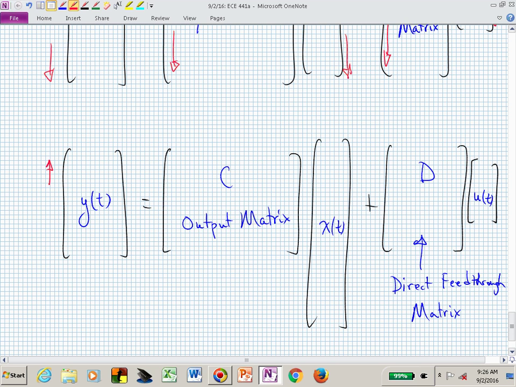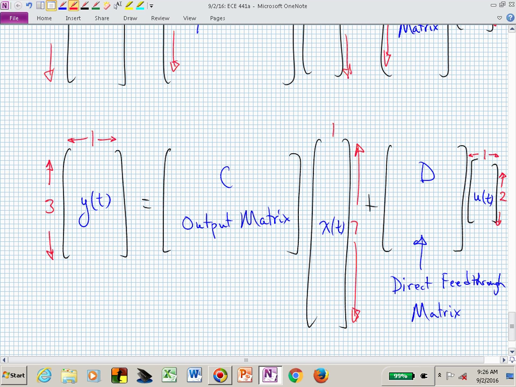The output vector y, not why. Hopefully it's clear why those matrices are fixed, C and D. The output vector y is 3 tall and 1 wide. x again is 7 tall and 1 wide, and u is 2 tall and 1 wide.